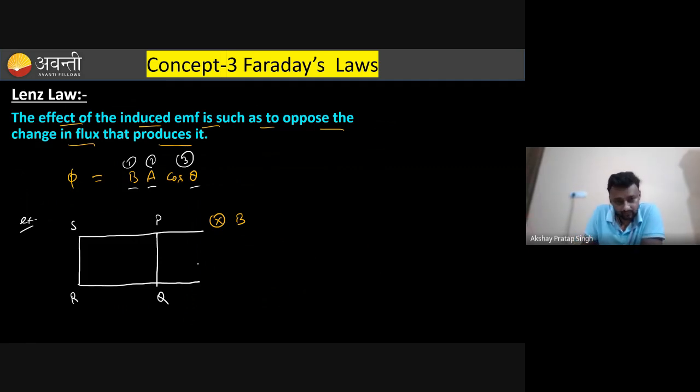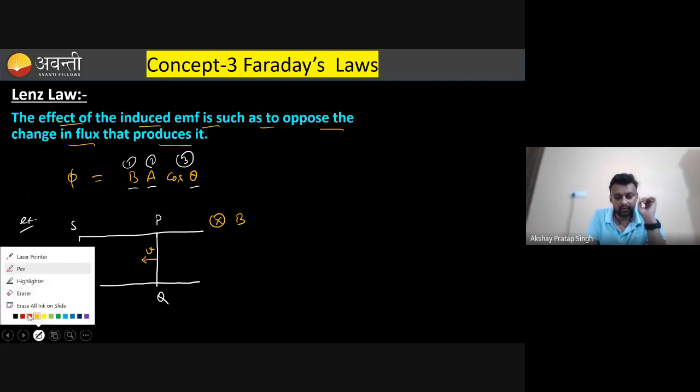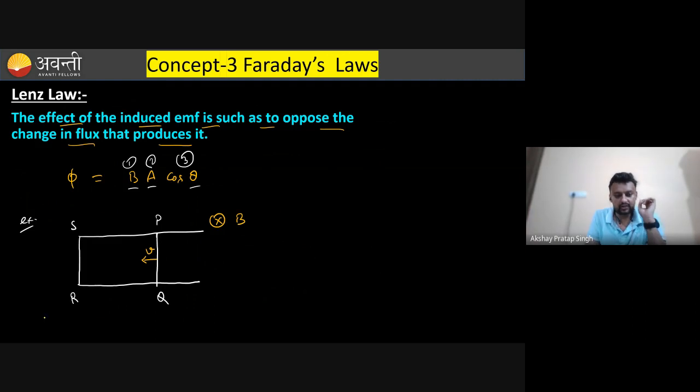Now, this PQ wire has a special arrangement that it can slide. Let's suppose this PQ wire is sliding this way with some constant speed, assume V. Now, look at the question.